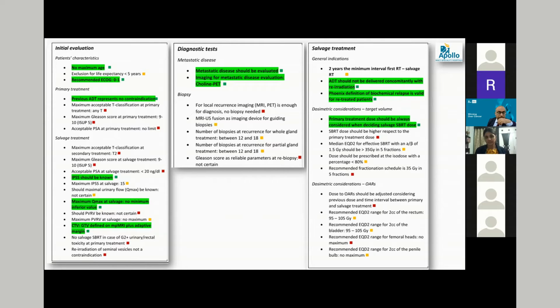CTV to GTV defined on multiparametric MRI plus adaptive margin. Metastatic disease should be evaluated. Imaging for metastatic disease evaluation is choline PET. ADT should not be delivered concomitantly with re-irradiation. Phoenix definition of biochemical relapse is valid for retreatment patients. Primary treatment dose should always be considered when deciding salvage SBRT dose. This is the consensus statement.